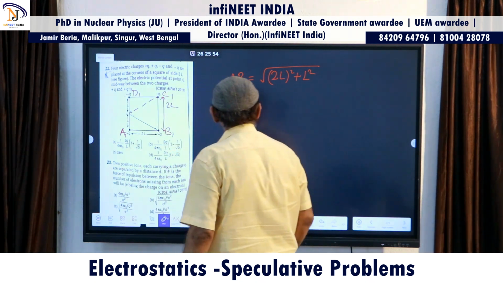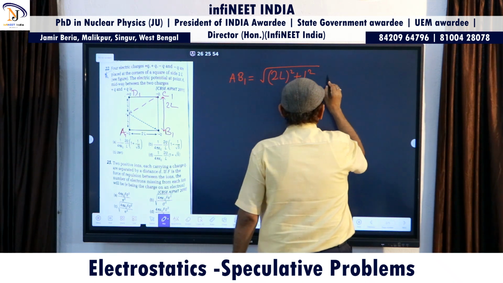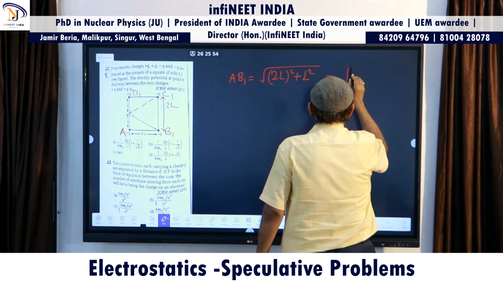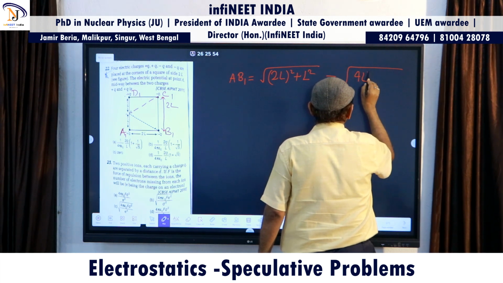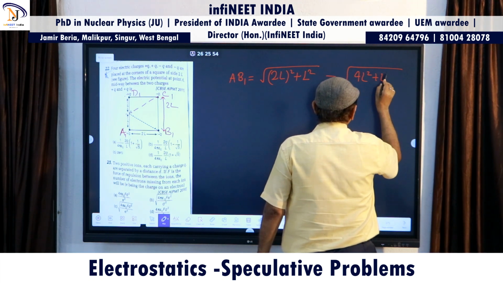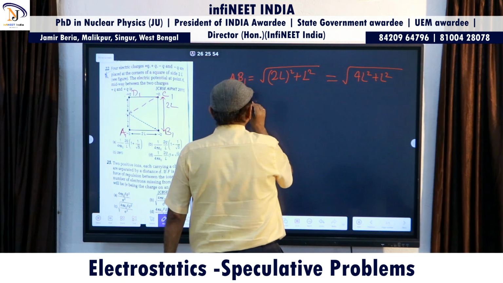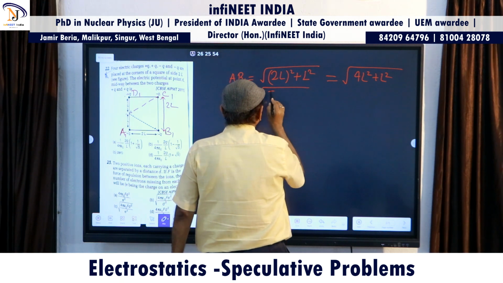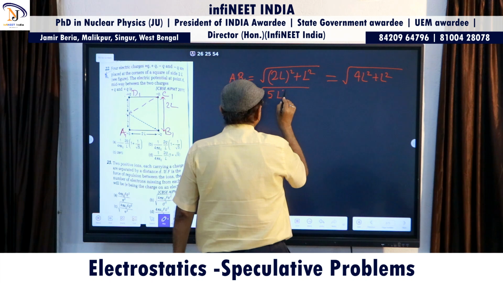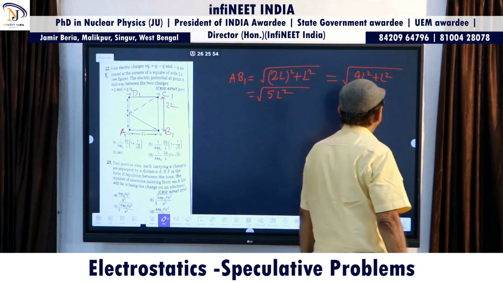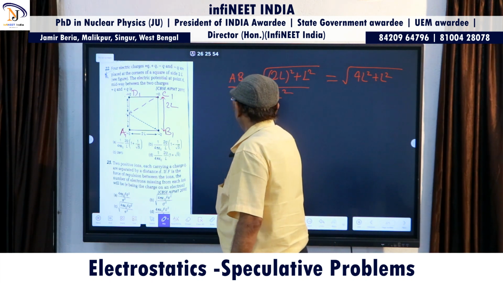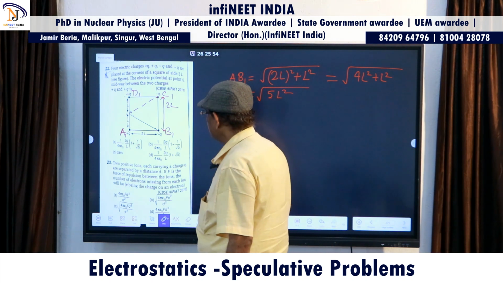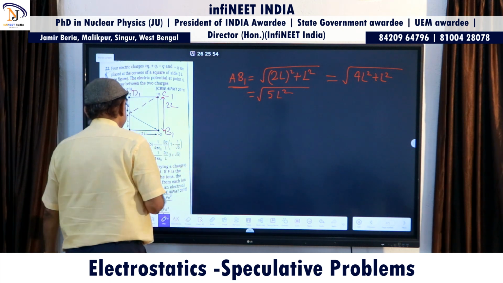Pythagoras theorem. Very good. Then you can write root over L square by 4 plus L square, which is root over 5 L square by 4. This is AB1.